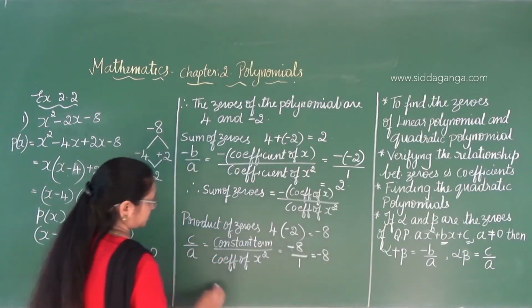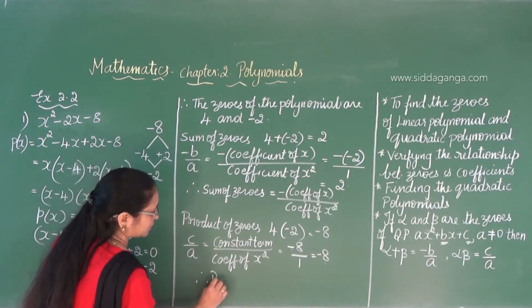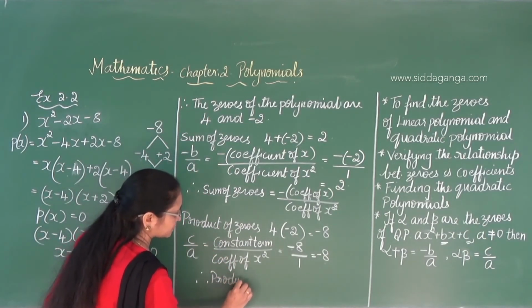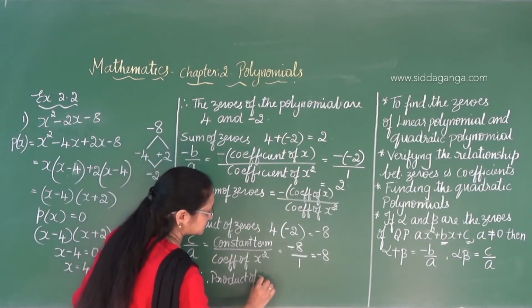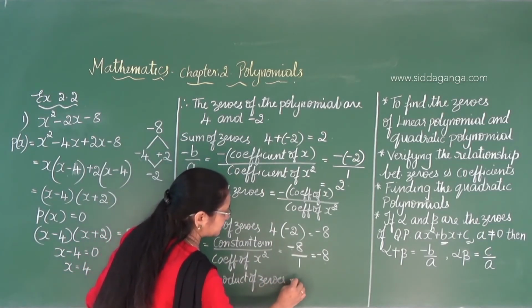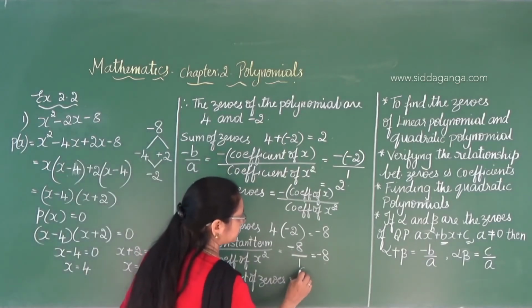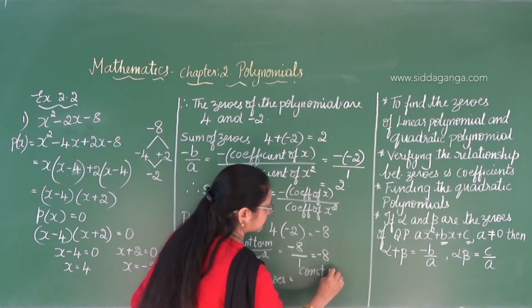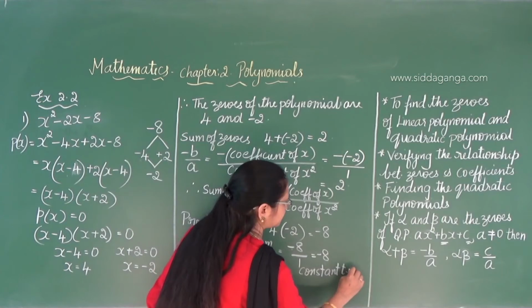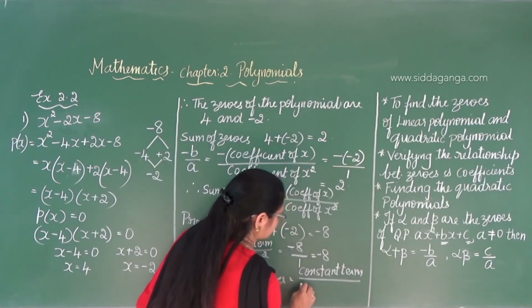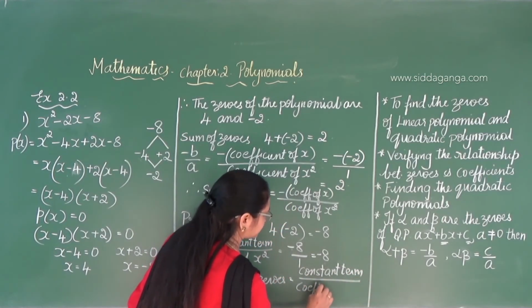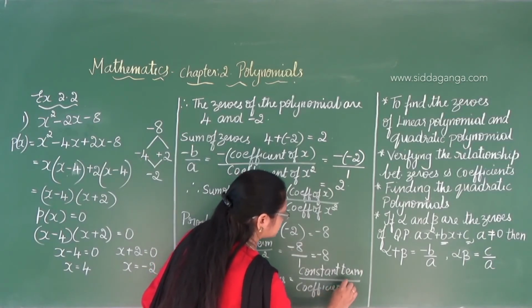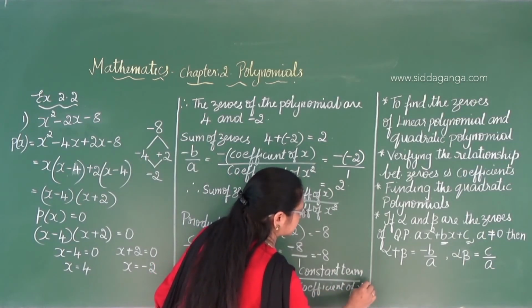So can I write like this? Product of zeros is equal to constant term divided by coefficient of x square.